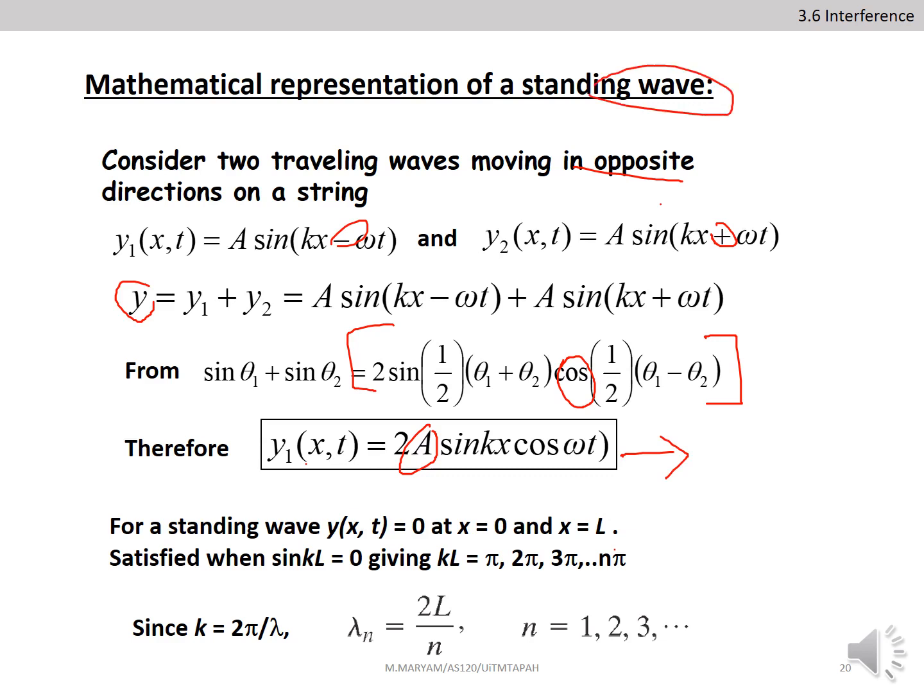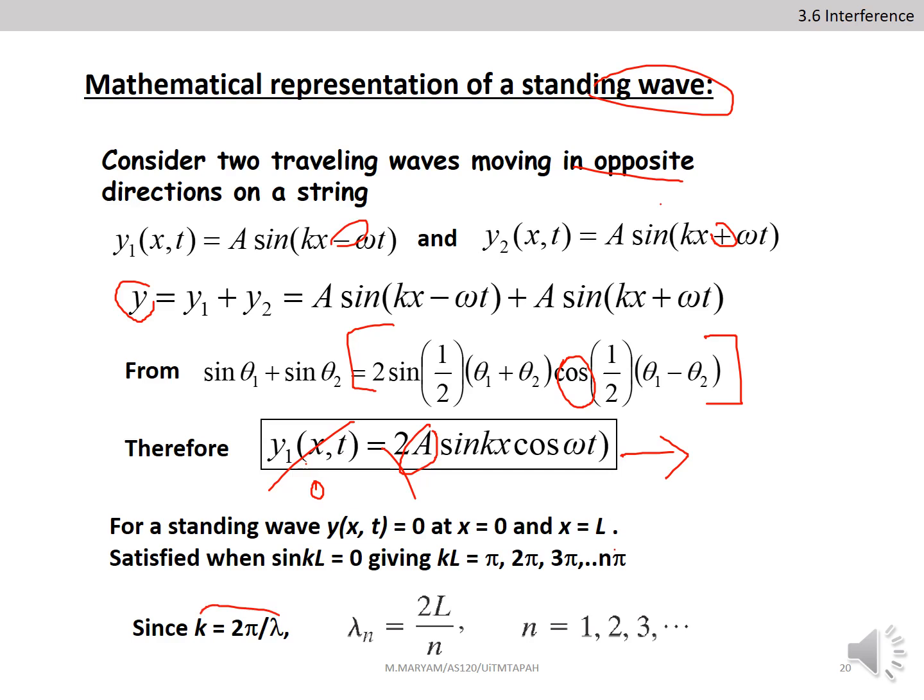Then for a standing wave, y(x,t) equals 0, so y equals 0 at x equal to 0 and x equal to L. This is satisfied when sine KL equals 0, given that KL equals pi, 2 pi, 3 pi, up to n pi.